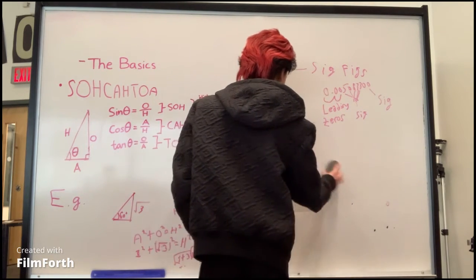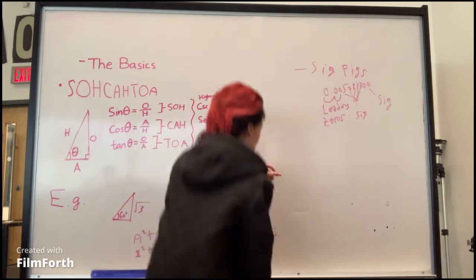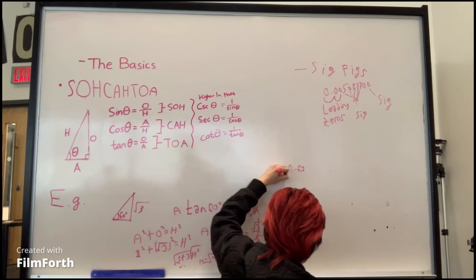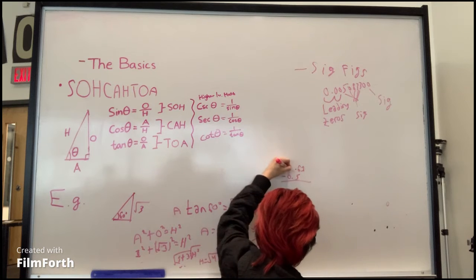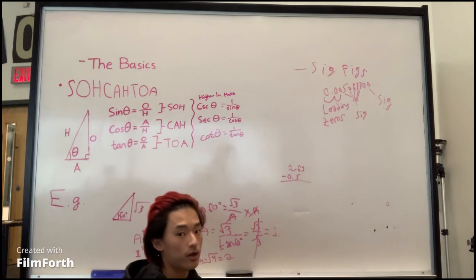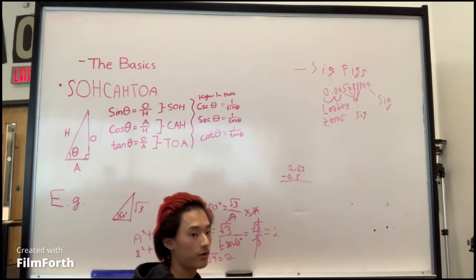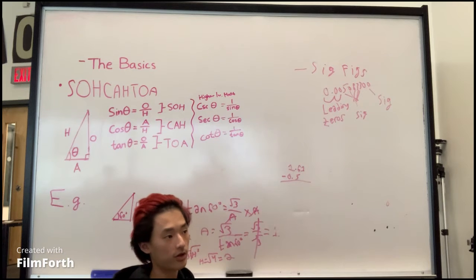Alright, now let's talk about the rules for adding sig figs, subtracting sig figs, and multiplying and dividing. The sig fig rule for adding and subtracting numbers is that you go to the lowest decimal place possible.